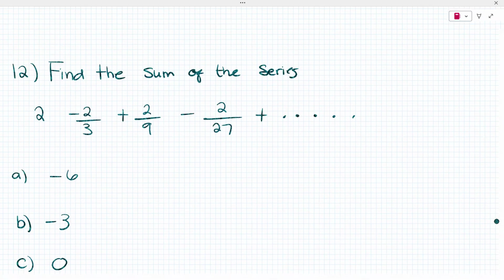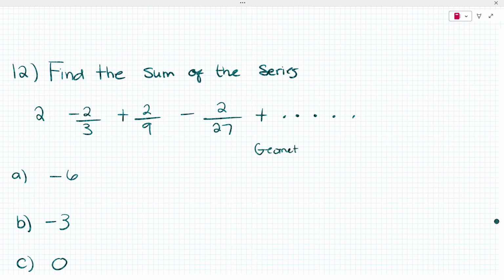We have two, negative two thirds, positive two ninths, negative two twenty-sevenths, and then dot, dot, dot. So find the sum of the series. What do we know? Is this geometric or arithmetic? I think it's geometric.